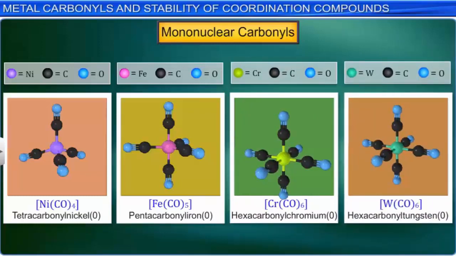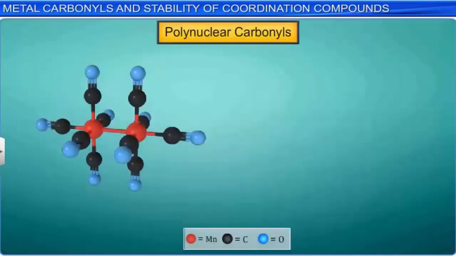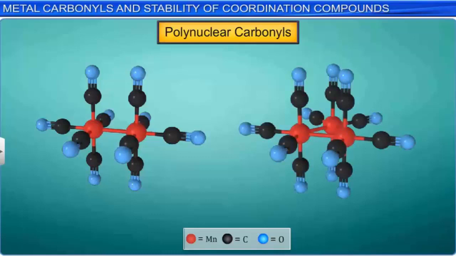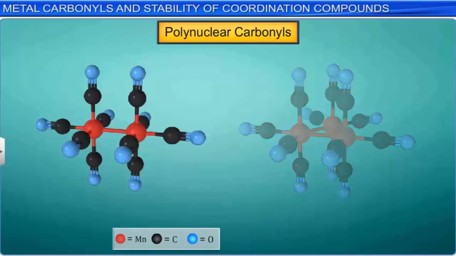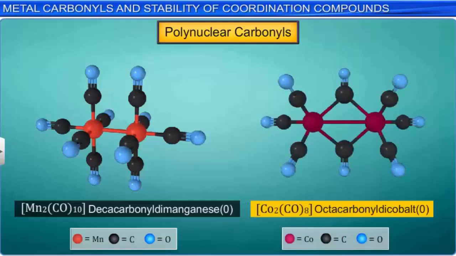On the other hand, polynuclear carbonyls contain two or more metal atoms per molecule. For example, decacarbonyl dimanganese(0), octacarbonyl dicobalt(0), octacarbonyl dirhodium(0) and decacarbonyl dirhenium(0).